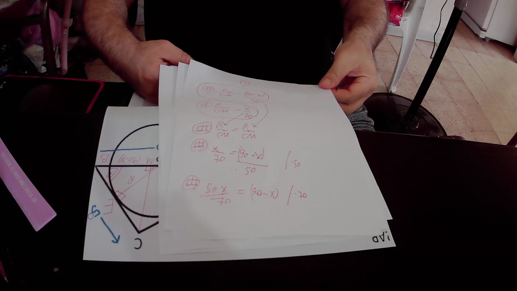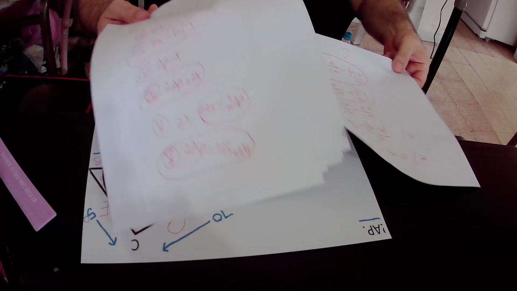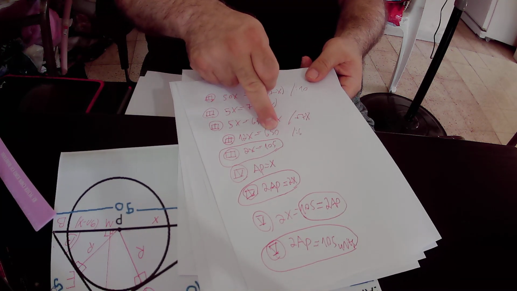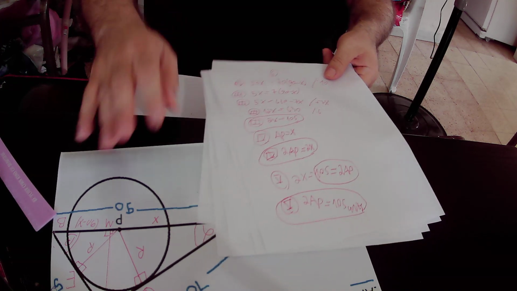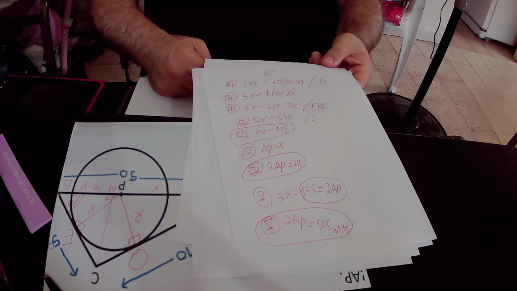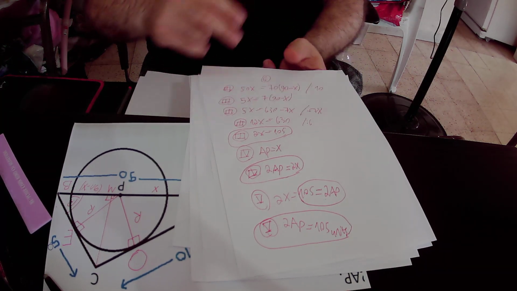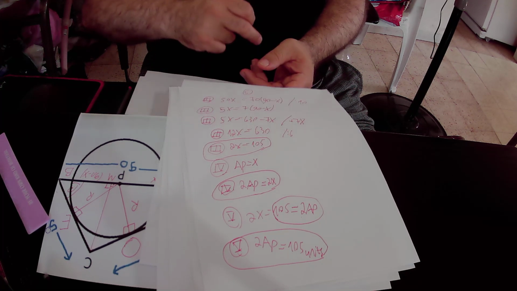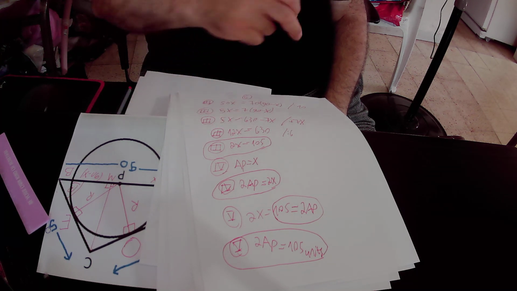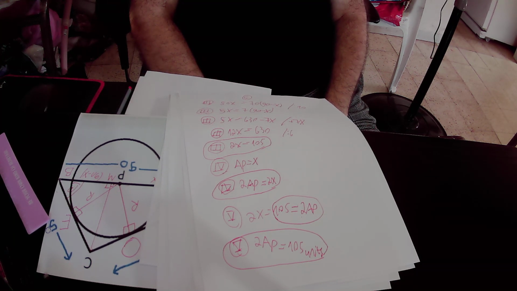and at the end of the process we got the equation that 2 times X equals 105 units. But we know according to our definition that AP equals X, so we created the fourth equation that AP equals X. So if AP equals X, then 2 times AP equals 2 times X. Then we combined equations 3 and 4 together, and we came to the conclusion that 2 times X equals 105, which equals 2 times AP.